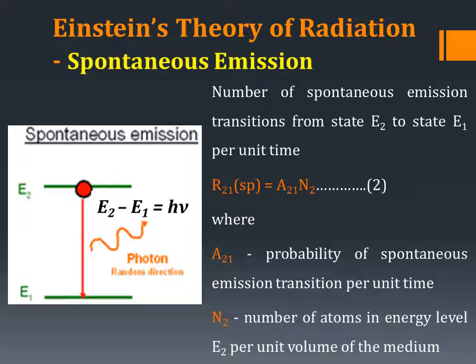Now, in order to remove the proportionality sign, we introduce a constant denoted by A21, and A21 stands for the probability of spontaneous emission transitions per unit time. Therefore, R21 SP is equal to A21 N2.